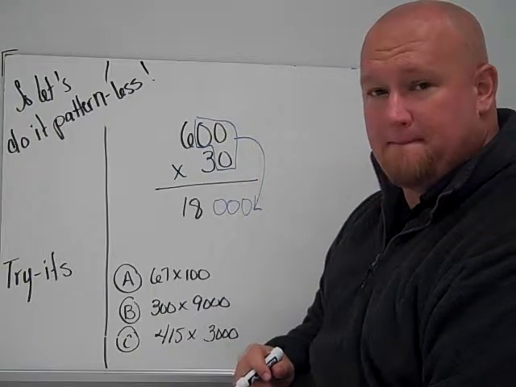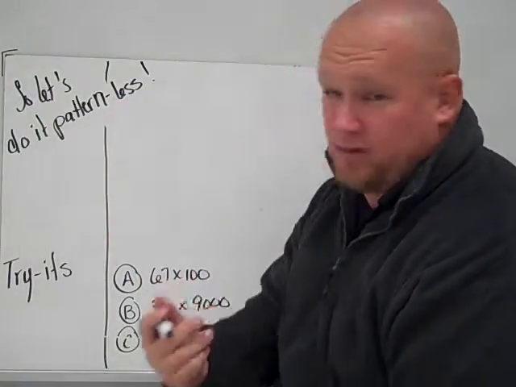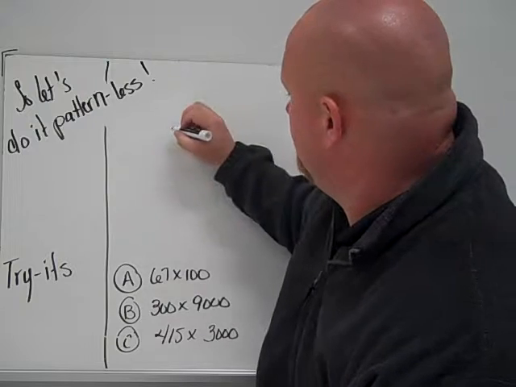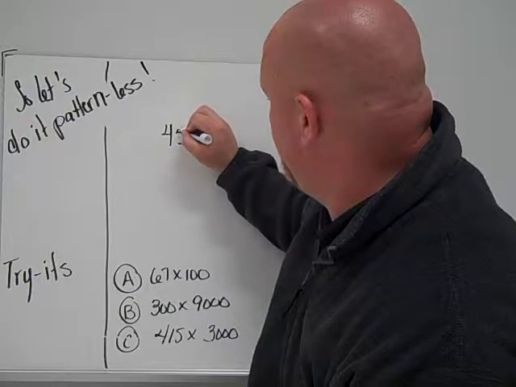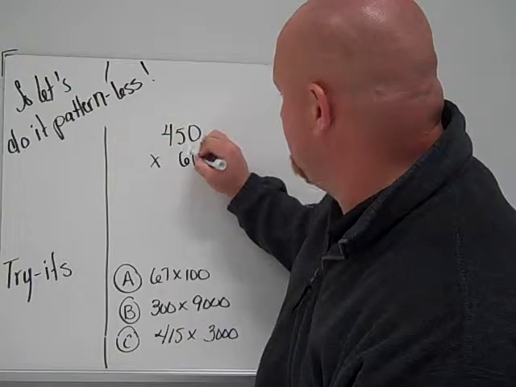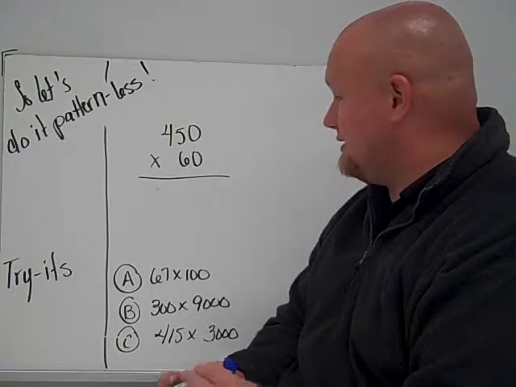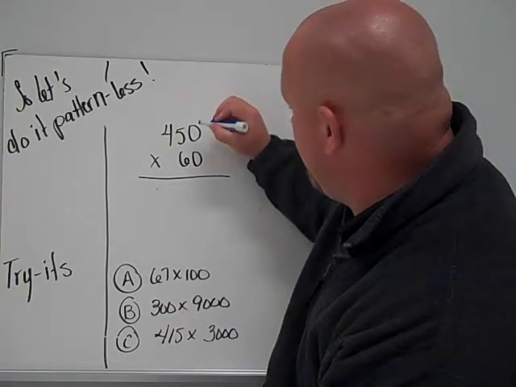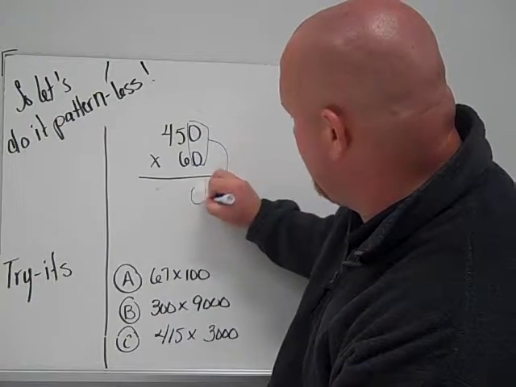Do you see that? Give you another one. It's always good to wear fleece because it can be an eraser. We're going to do 450 times 60. I'm going to take these zeros, I'm going to FedEx them straight down, ship them down to the bottom of the answer right away.